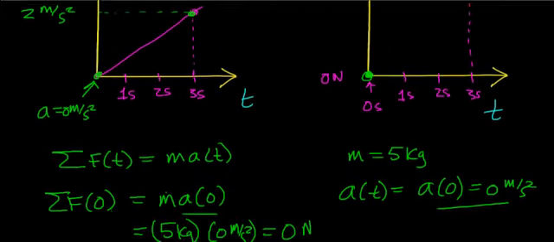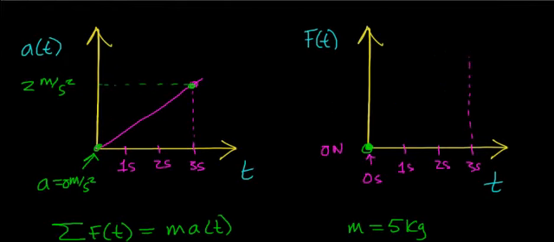So I'd go back up to my force versus time graph, and if this was, say, 5 newtons, 10 newtons, and if I kept on going, I could figure that out. And then I'd go over to where t equals 3 seconds, and I'd plot a point. And my force versus time graph would be a nice linear relationship.